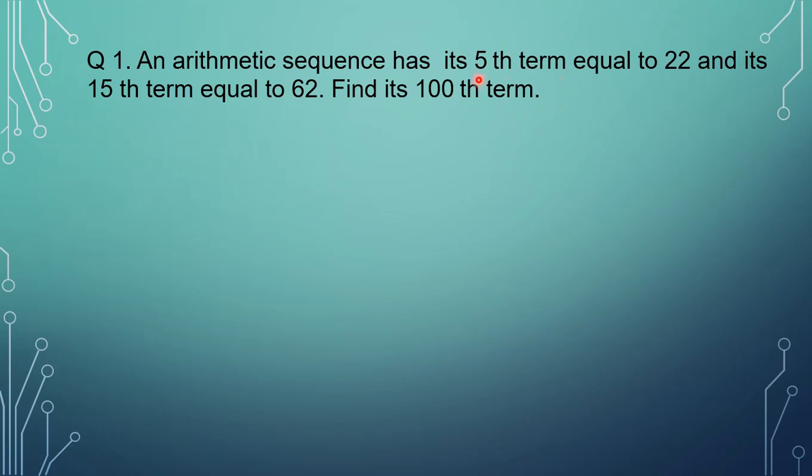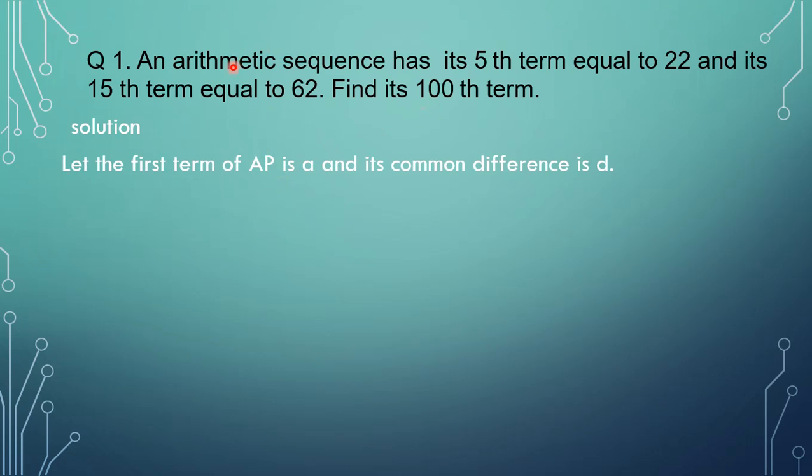Now in the question it is given A5, that is fifth term, and it is equal to 22, and A15, that is 15th term, is equal to 62, and we have to find out 100th term, that is A100. Now let's solve it.